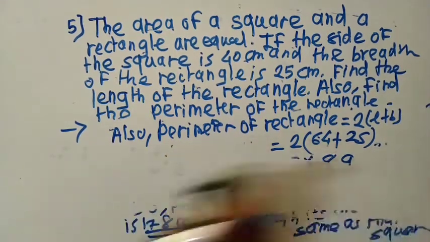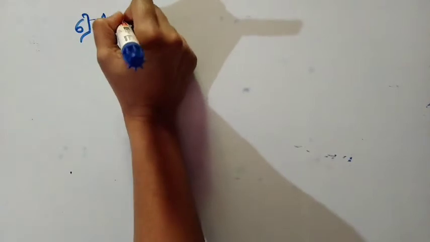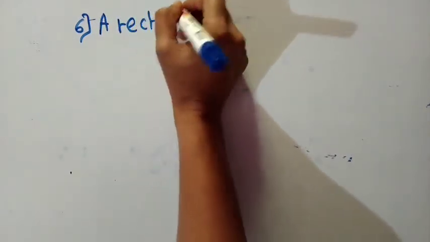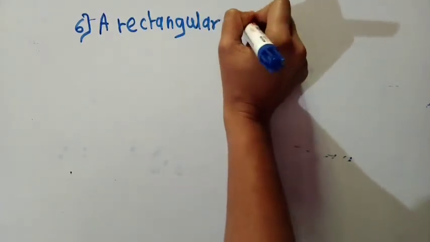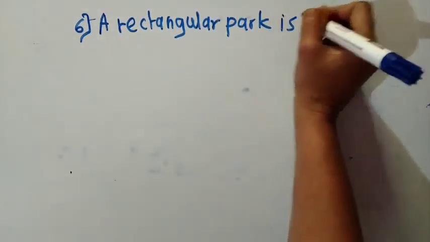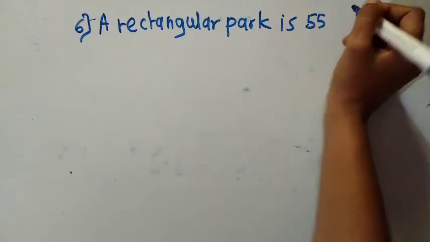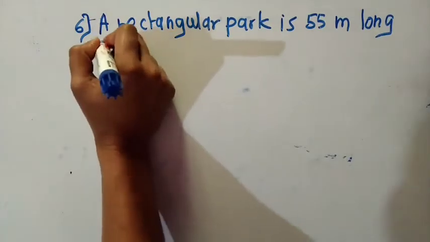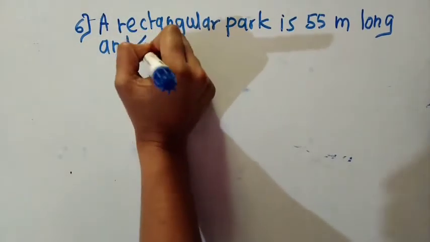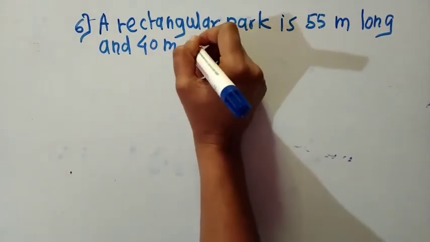Now we give the sixth example. A rectangular park is 55 meter long and 40 meter wide.